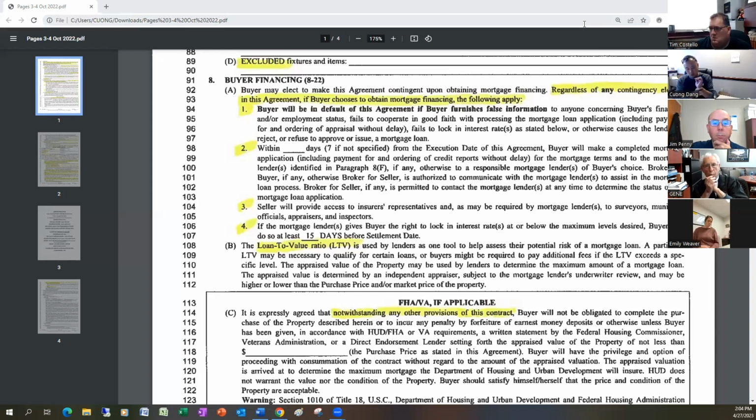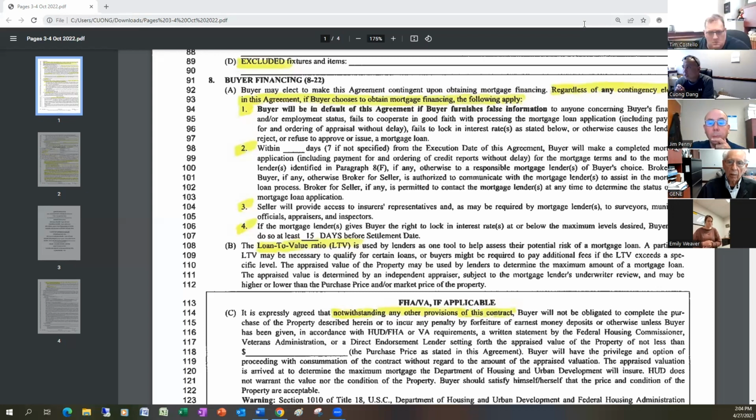Okay. So we start off with number 8 here, buyer financing, on line number, what is that, 91. And then right immediately below it is subparagraph A. Okay. And it states here, buyer may elect to make this agreement contingent upon obtaining mortgage financing.